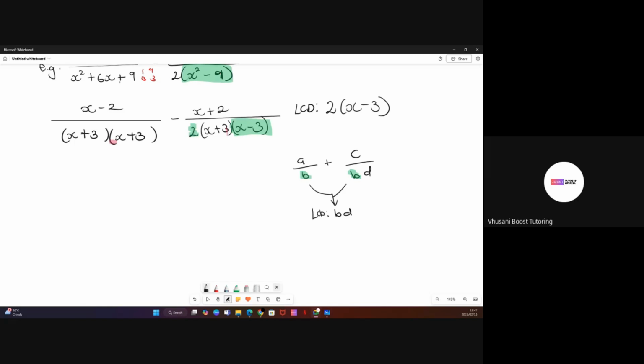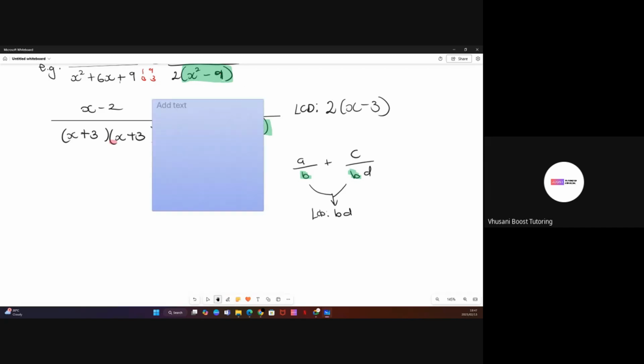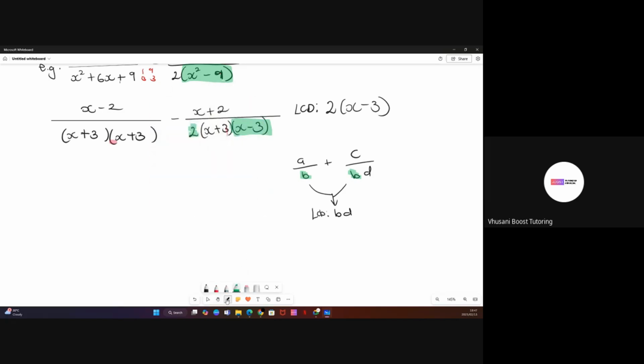Okay, perfect. Now I'm gonna do the exact same thing with this. I'll do the exact same thing with the x plus 3 that we have over there, right? I have my x plus 3 on the right-hand side, on the right-hand denominator.